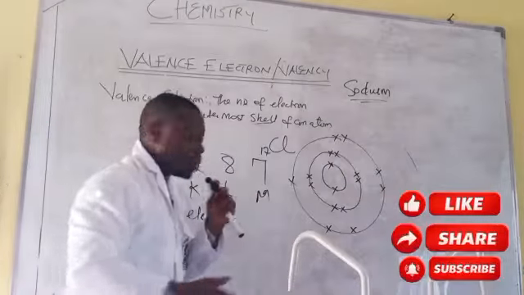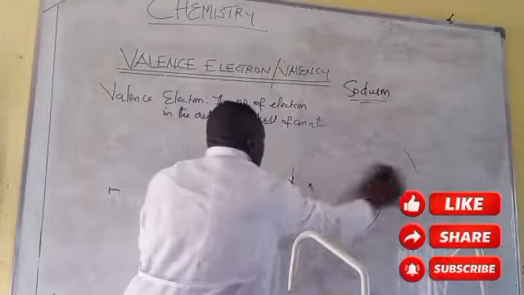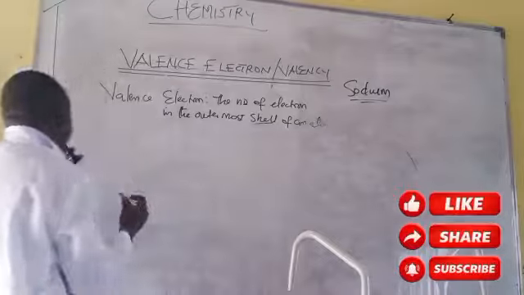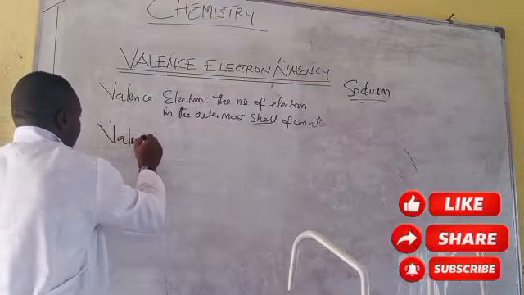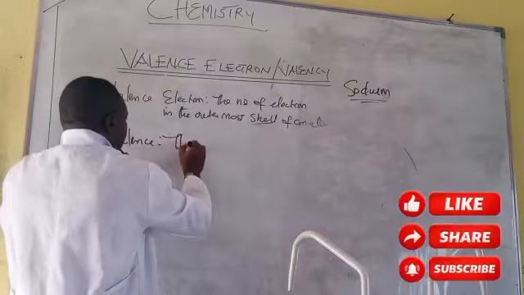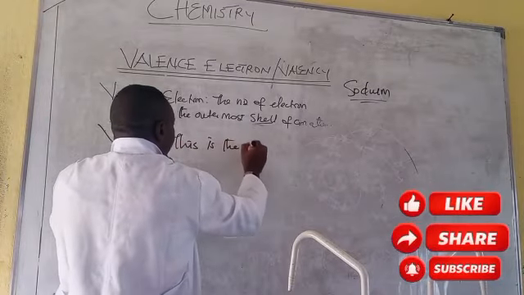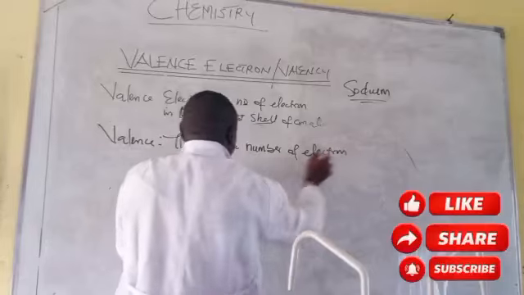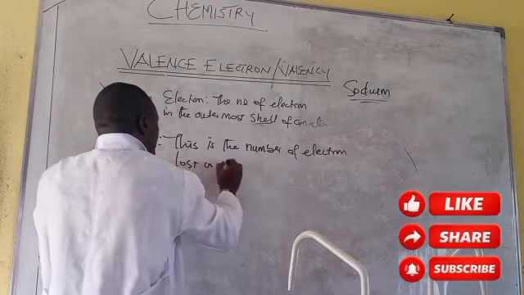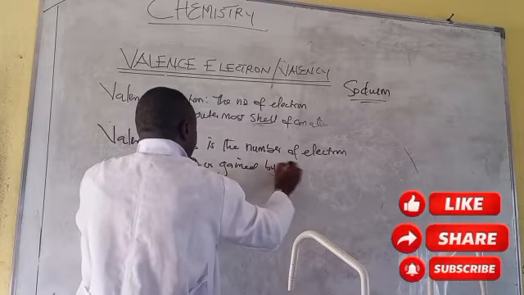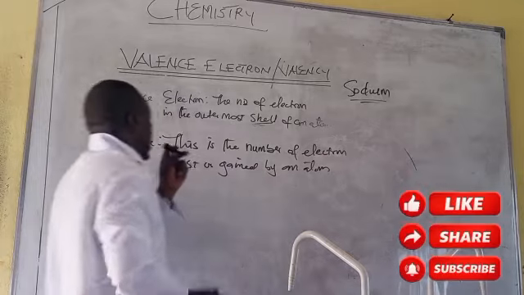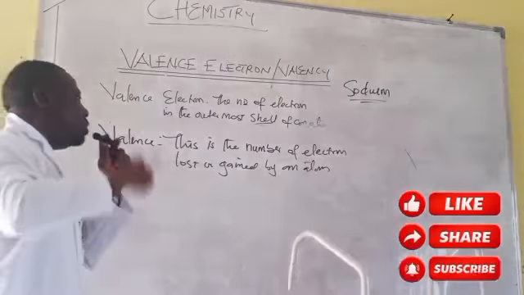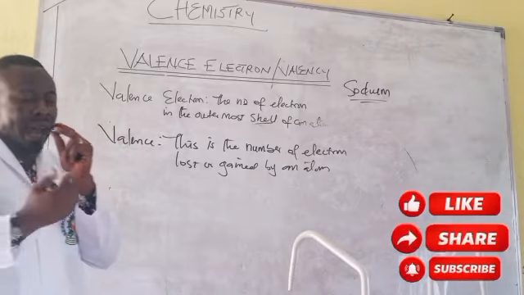Now let's go to valency. For valency, it's almost the same thing but with a different definition. Valency is the number of electrons lost or gained by an atom.